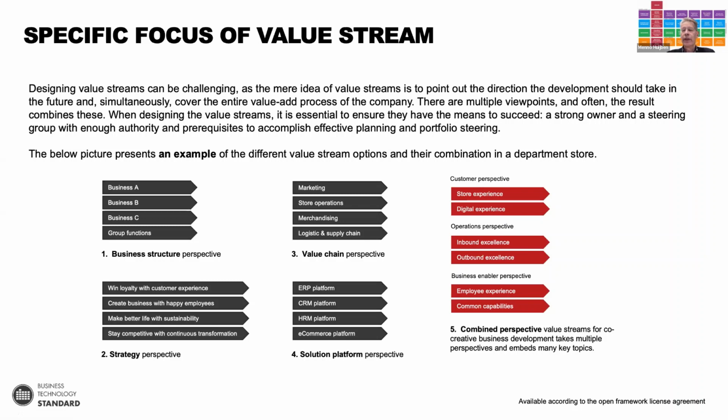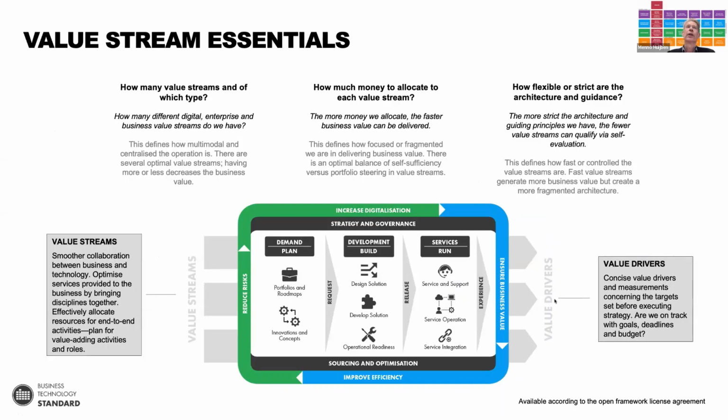But here you can find in the material, we have some more advice on leading the discussion on how to set up value streams, also to communicate the value of having value streams, what you can reach with them, that you have a smoother collaboration between the business and the technology. You can better optimize your services, and you have also a better allocation of end-to-end resources for your activities, ensuring on the other hand that you really deliver the value what you are supposed to deliver.